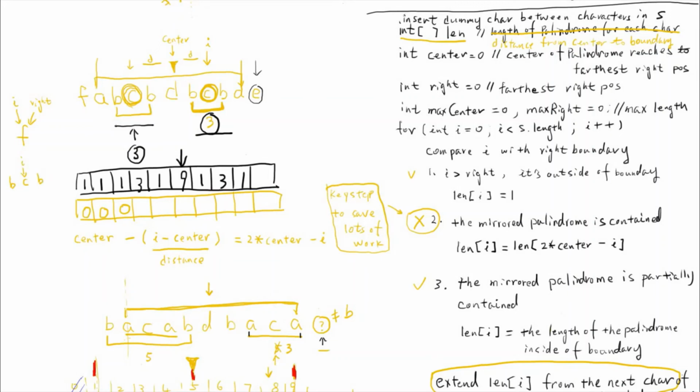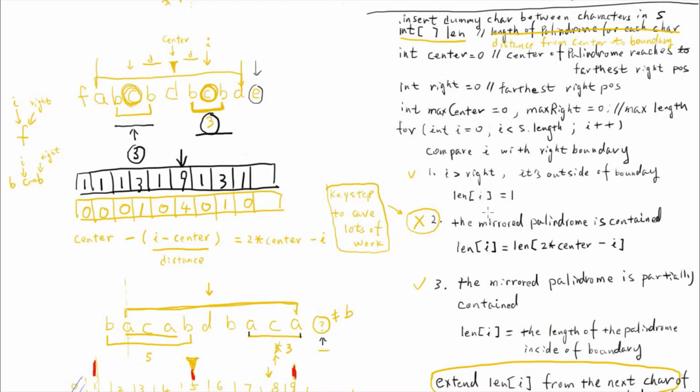I is here, and the right side boundary is pointing to B. The distance from B to C is 1. It's only one character away. So for C, we will record 1. And here is 0. And the D, the distance from A to D is 4. Here is 0, 1, 0.